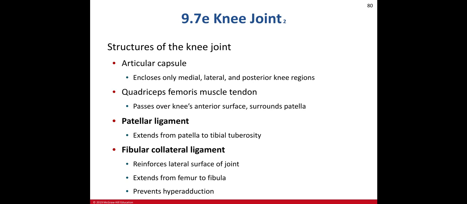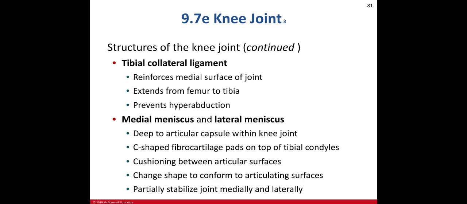And then, of course, your fibular collateral ligament from the femur to the fibula to prevent hyperadduction. So what do all of these ligaments do? Your TCL is going to reinforce the medial surface, goes from the femur to the tibia, prevents hyperadduction.